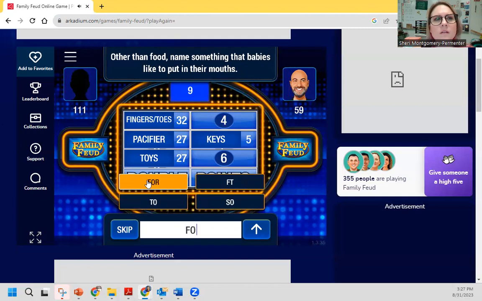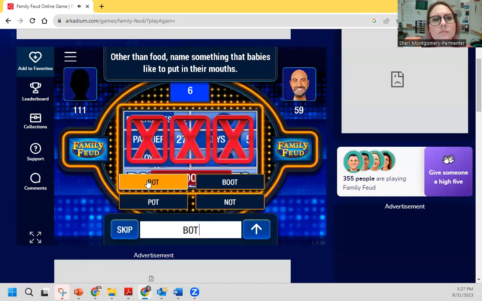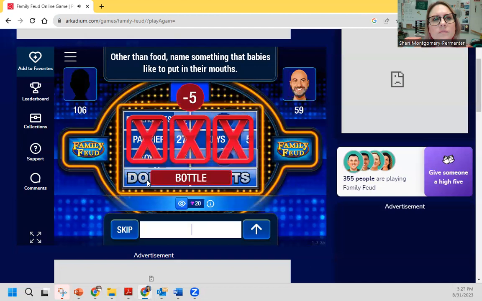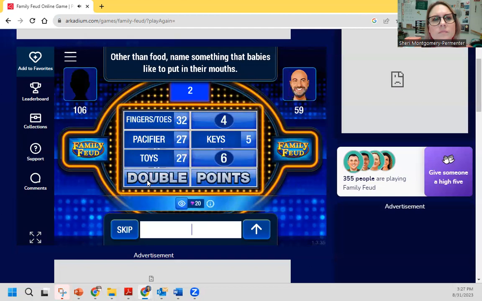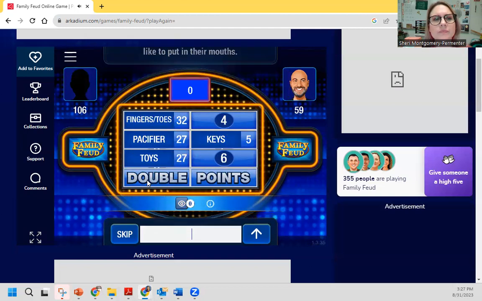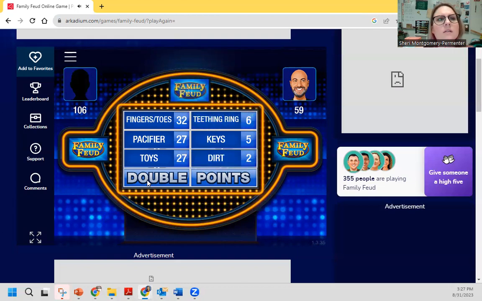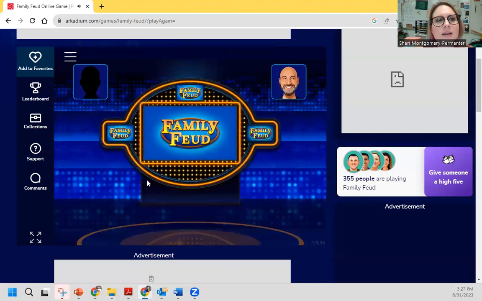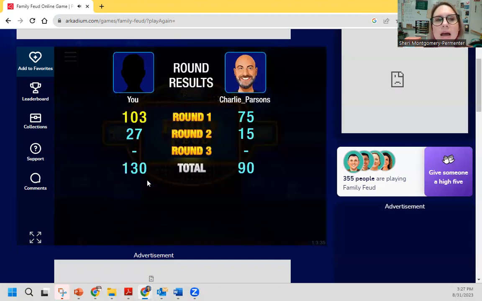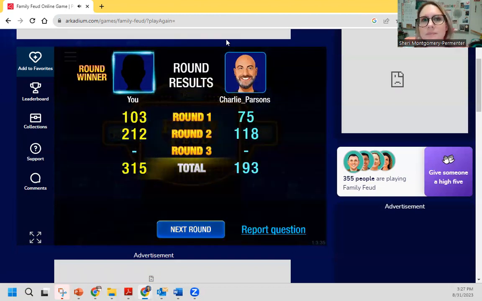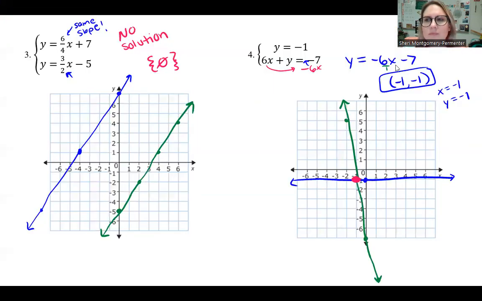Well, we said pacifier. Oh my goodness, I feel like we said pacifier. That should have been that. Yeah, why not make it this one?